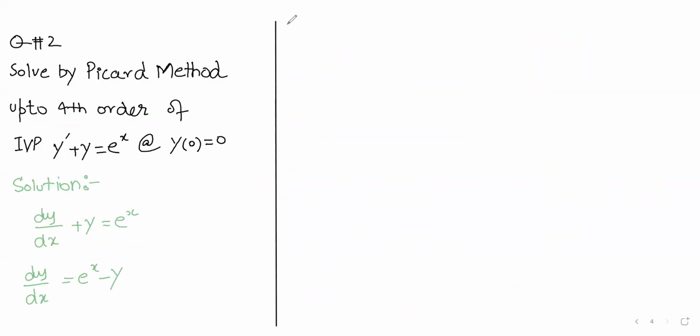Okay, so let's put the value of the Picard equation. Picard equation is given by yn plus 1 is equal to y naught plus integral x0 to x of f(x, yn) dx, right?